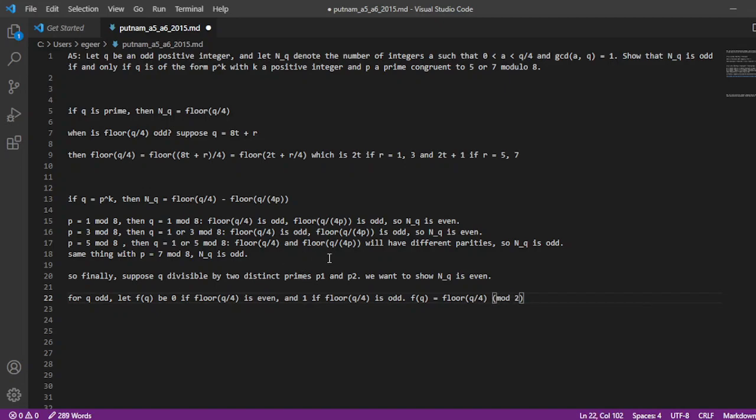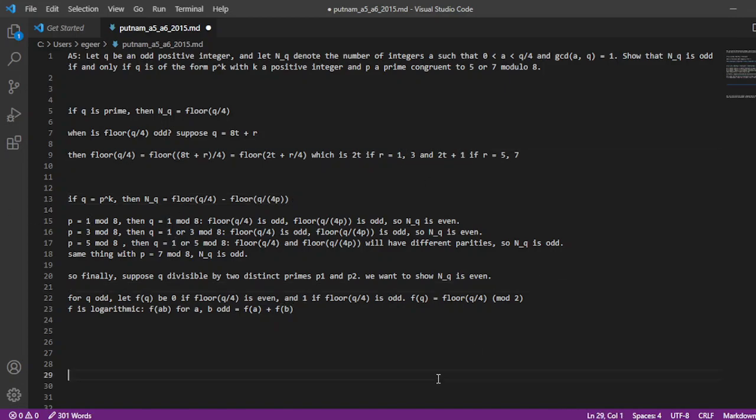Okay, and then what we can show is, I think we can show that F is logarithmic. So F(AB) for A, B odd is equal to F(A) plus F(B).